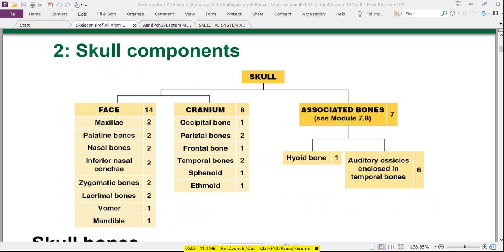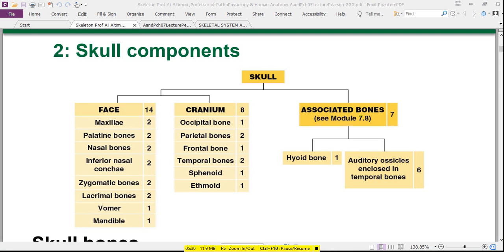In the bones of the face, we have 14 bones: maxilla 2, palatine bones 2, nasal bones 2, inferior nasal concha 2, zygomatic bones 2, lacrimal bones 2, vomer 1, and mandible 1.